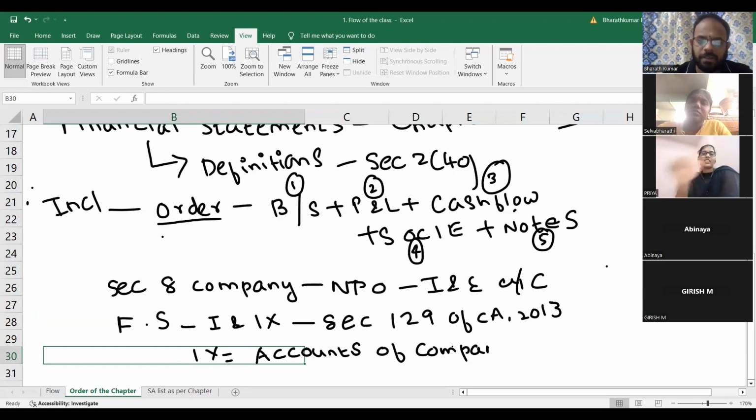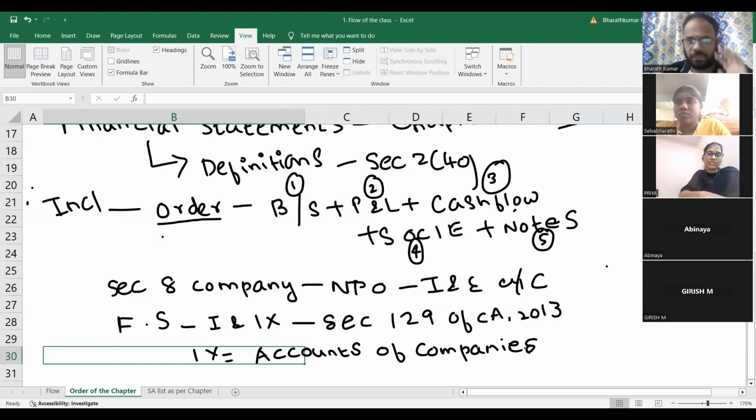Auditors. Audit and auditors will come. So before the word auditing, what should you study? Accounting. That only we are doing now. Are you understanding this connection? It has no direct connection, but you should study like this because you are studying a professional course. Are you clear with this?